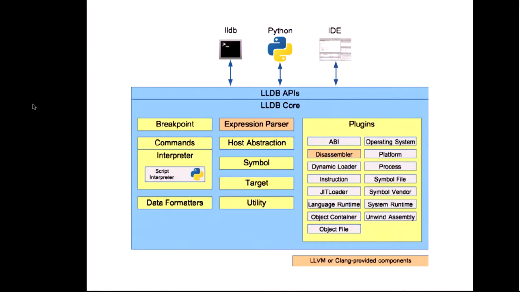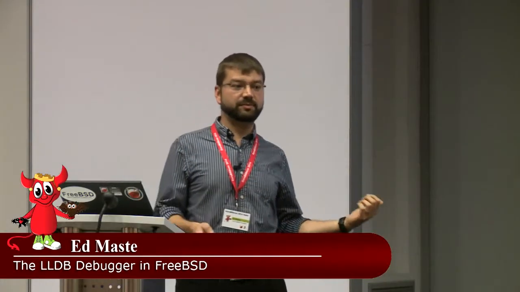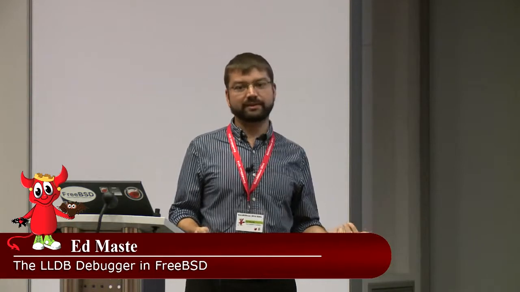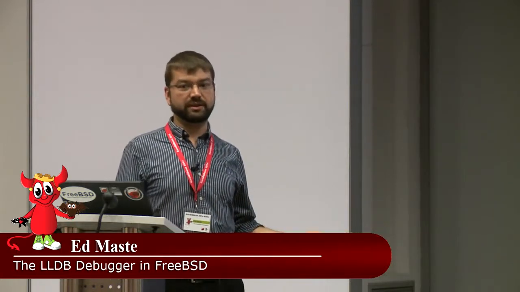And then the Python down here in the scripting interpreter is something that we don't have at all in the base system today. In GDB, the scripting interface is quite limited in what old versions of GDB can do.